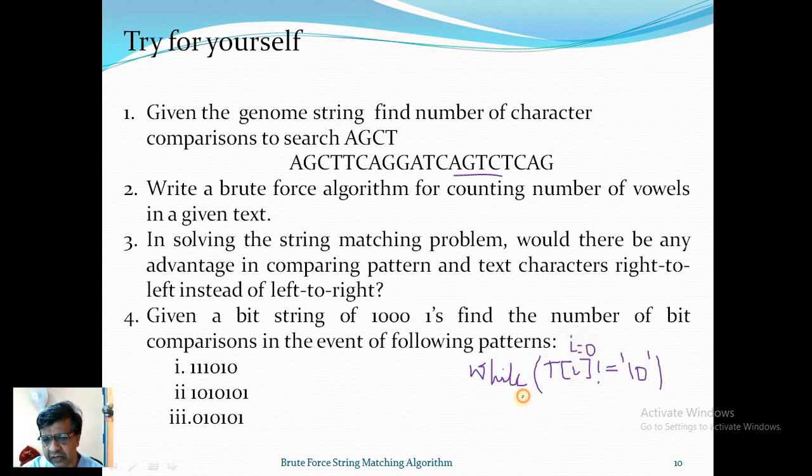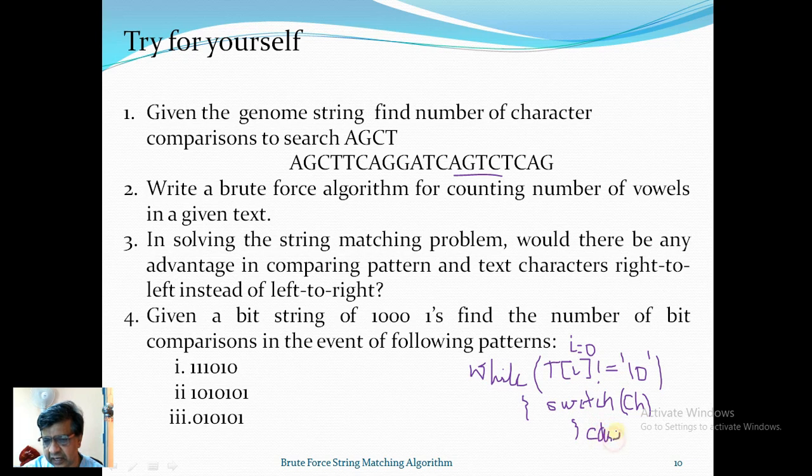Then you will put a switch. Switch of character, it's a variable, CH.